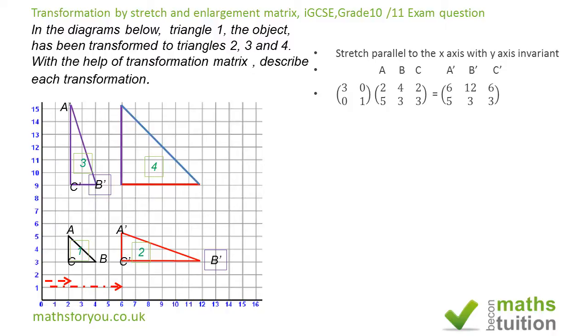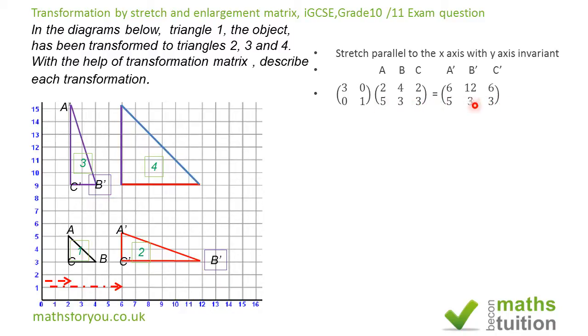Now, if that's the case, in our identity matrix, if we replace the 1 there with a 3, and then multiply this transformation matrix by the respective coordinates for the object, then if we're right, there should be no difference between the y-coordinates of the object and the y-coordinates of the image.